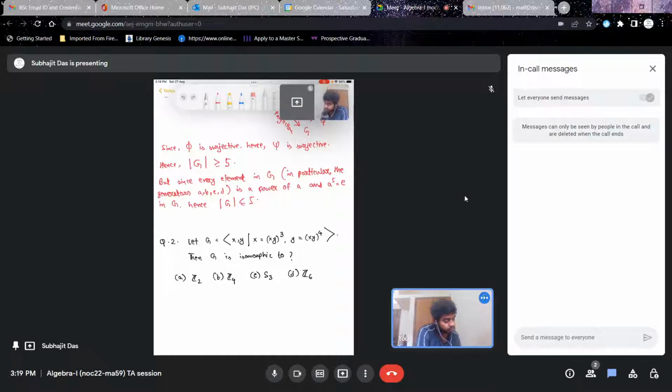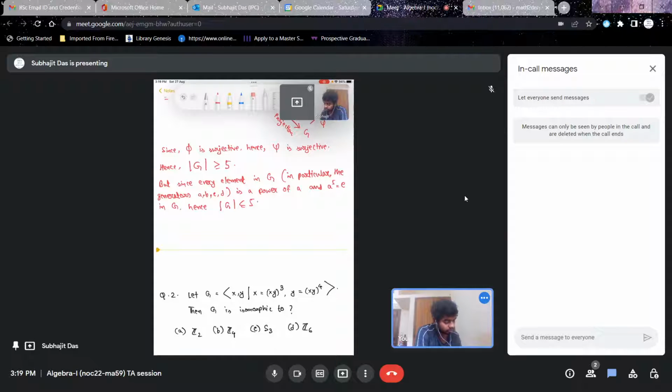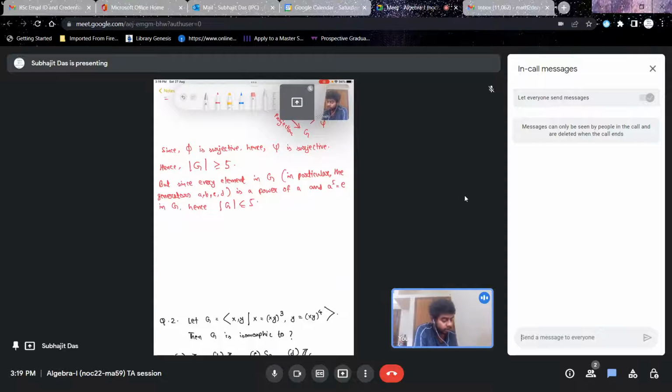So let me add some more space. So the only conclusion that we can draw is, hence the cardinality of G has to be 5, right?